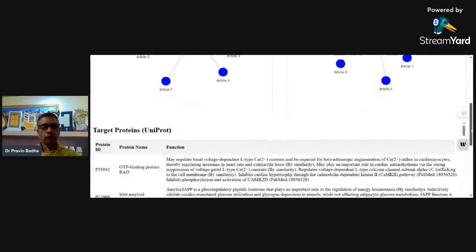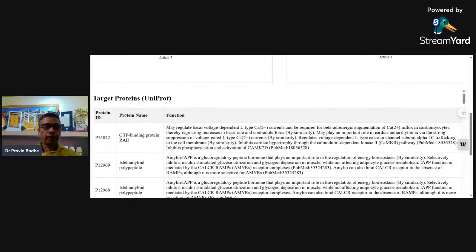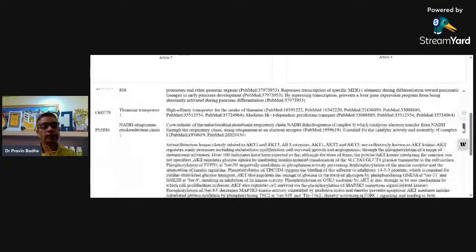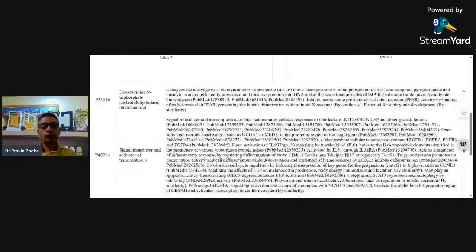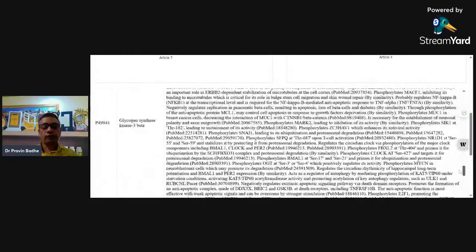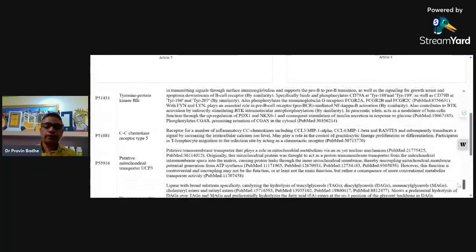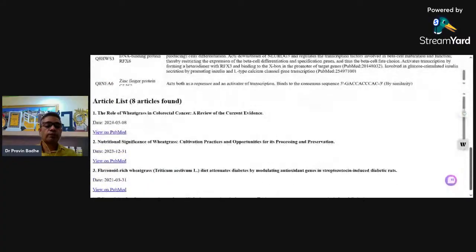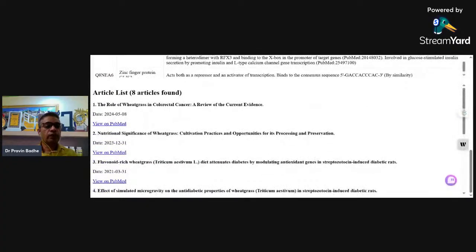In addition to that, it is giving me the targets, the proteins which play an important role in diabetes. These are all the targets which are majorly playing an important role in diabetes, and they can potentially be utilized as a target, and I can take it further if I'm going to work with diabetes and wheatgrass. In addition to this, it is also giving me some of the major research articles where I need to start from, and those are playing an important role.